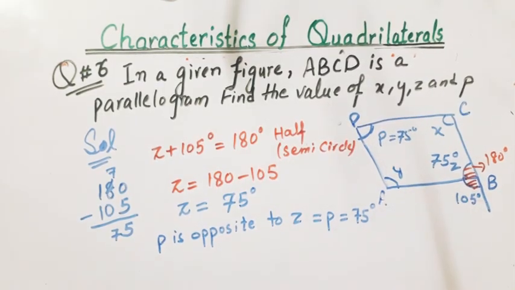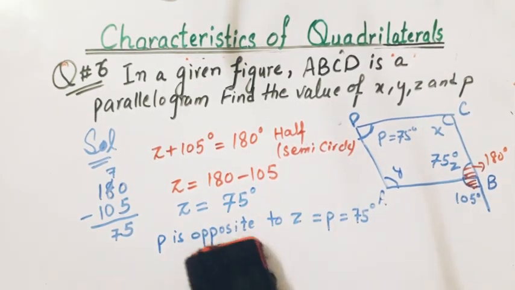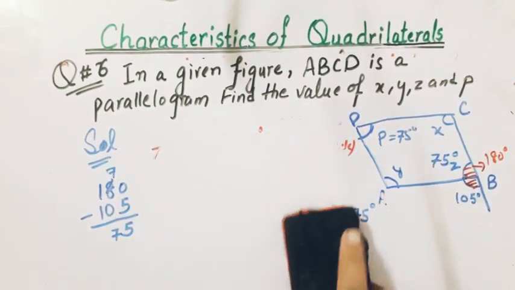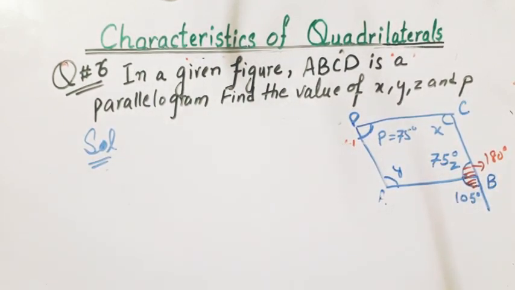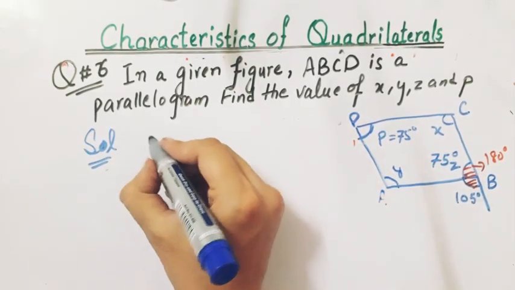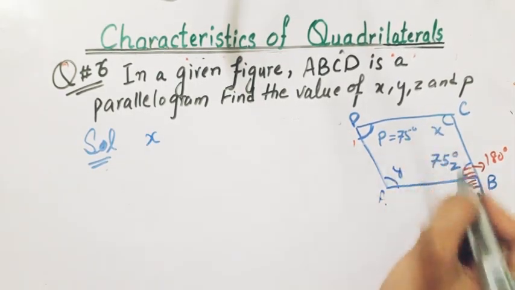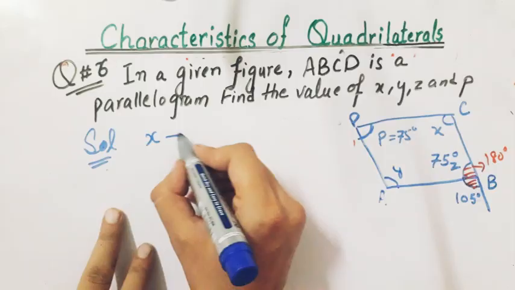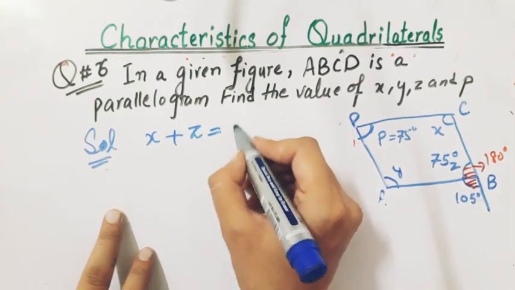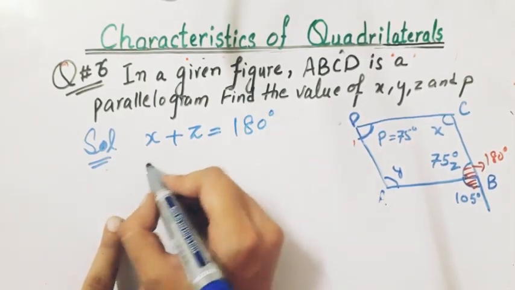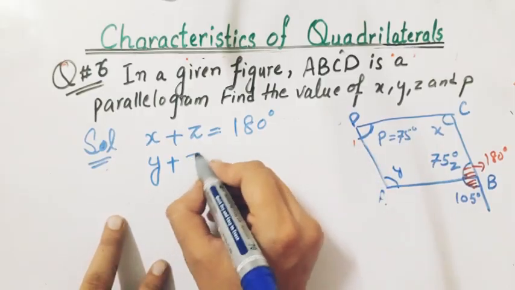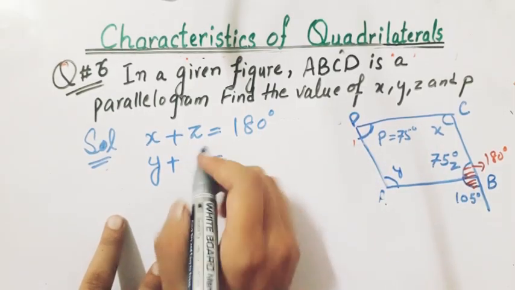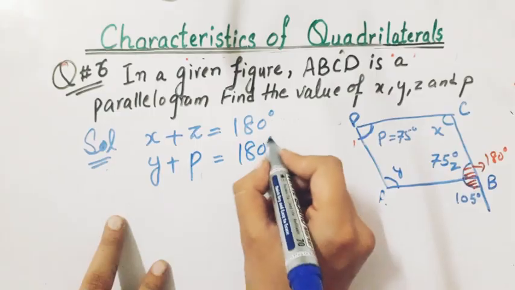Again, you will solve this to find the value of x and y. To find x, you can see x plus z is 180 degrees, or you can write this as y plus p, because on a line the angles y plus p are 180 degrees.